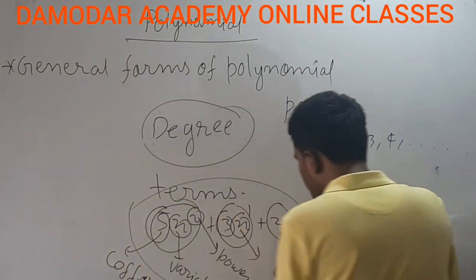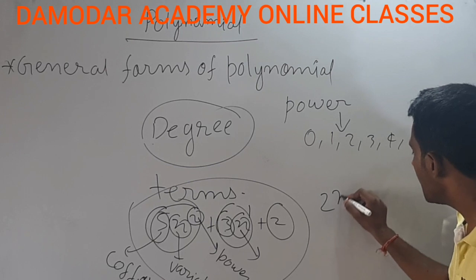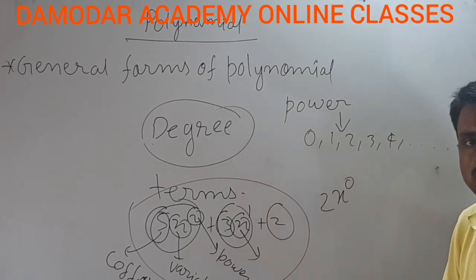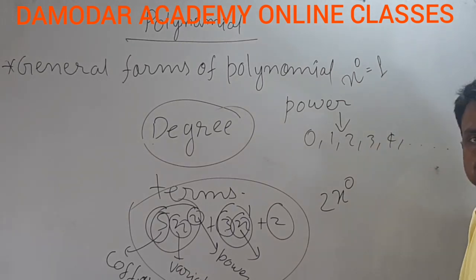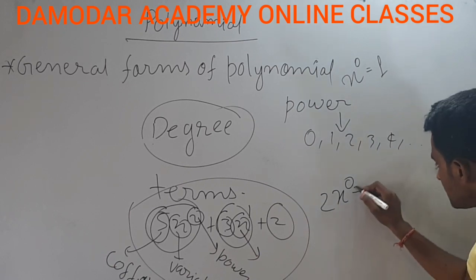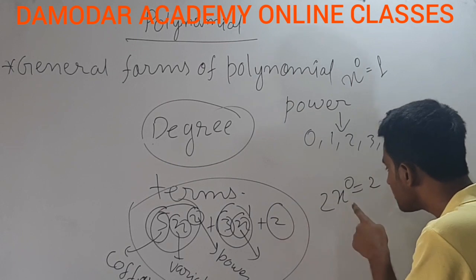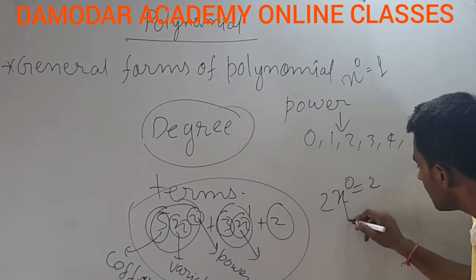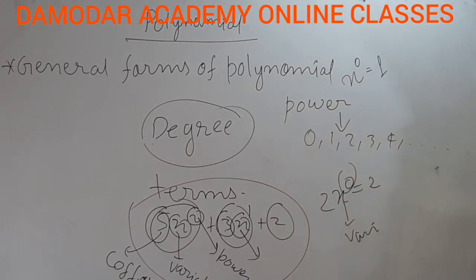And in this case, 2 can be written in the form of 2x raised to power 0. My dear students, anything raised to the power 0 is equal to 1. That means this is equal to 2. And for this term, x is the variable whose power is 0 and 2 is the coefficient of variable x.